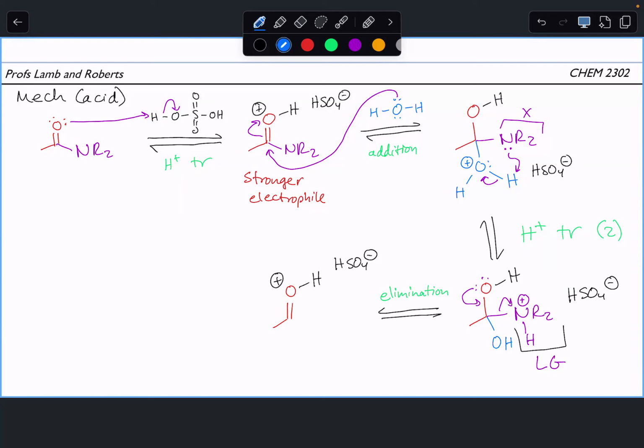So now we should have our OH group here. We've now generated an amine. Okay, now that we've generated an amine over here, that is a base.